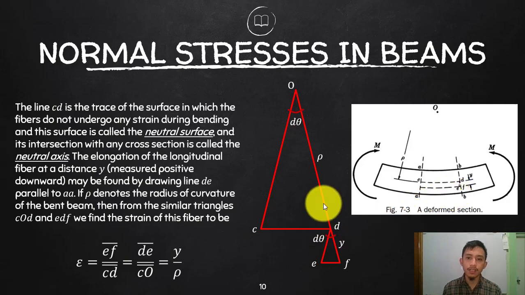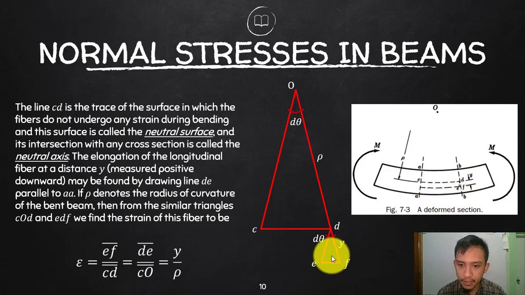So, therefore, we can now do what we call ratio and proportion. Let's start with the elongation, or the strain, of the fiber under tension here. The elongation, or the additional deformation, is the EF. That is the additional length of the fiber under tension.